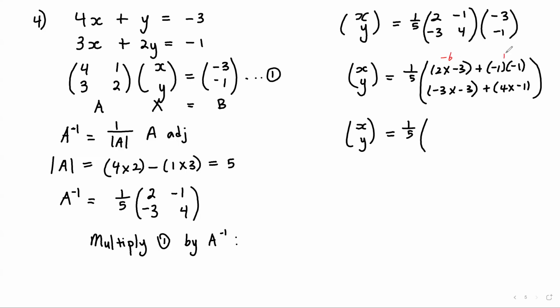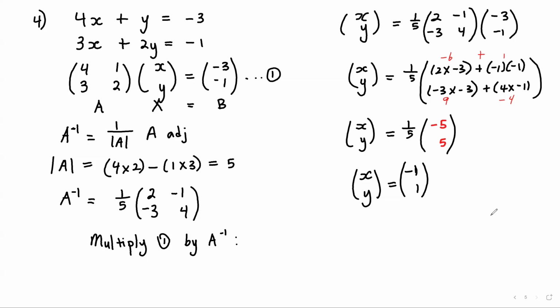So -6 plus 1. And then on the bottom, -3 times -3 is +9, and 4 times -1 is -4. So we're going to end up with -6 plus 1, which is -5, and 9 take away 4, which is +5. So your final answer will be xy is equal to 1/5 times -5 is -1, and 1/5 times 5 is 1. So your solution, x is -1 and y is 1.